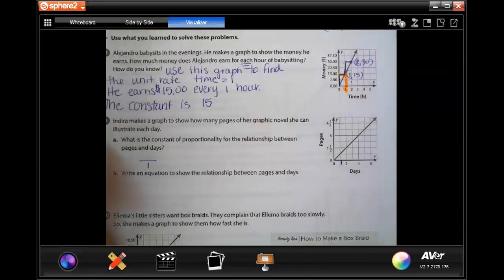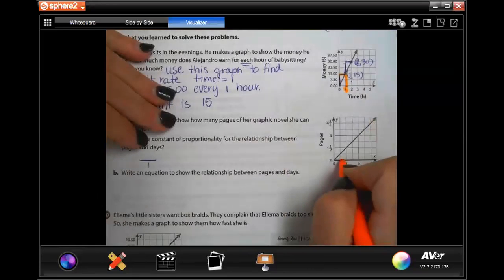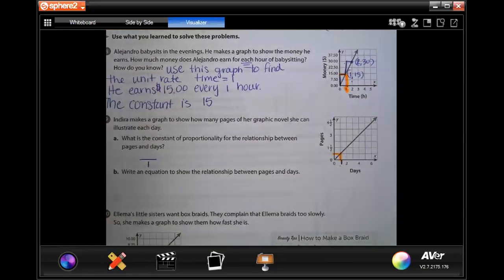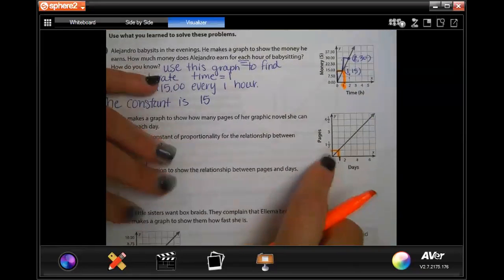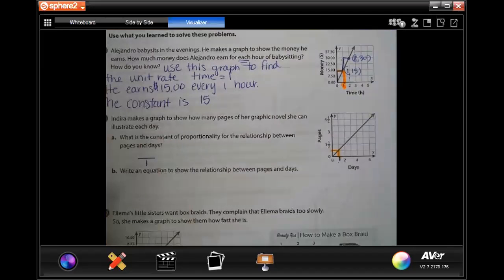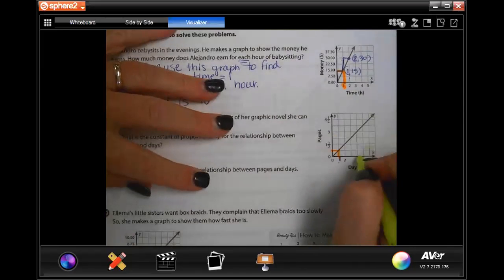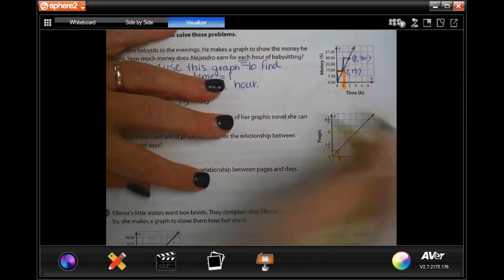Now, if we go up to 1, we go up to this point right here. Oh no, this is interesting, isn't it? Because unfortunately, that doesn't tell us what the number is. So you might have to look for one of the points that are given, like look at this.